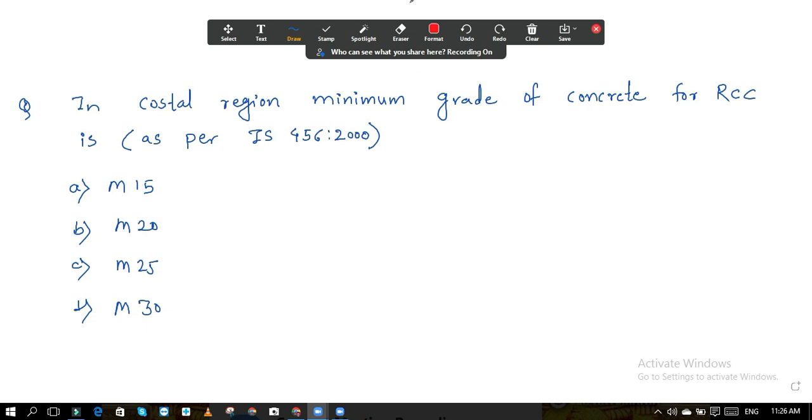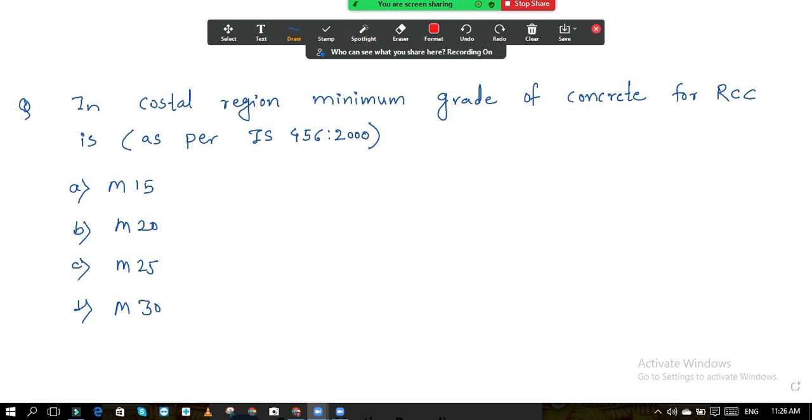Coastal region minimum grade of concrete as per IS 456-2000. In coastal region, minimum grade of concrete for RCC as per IS 456-2000.